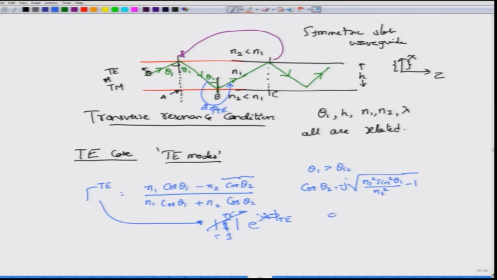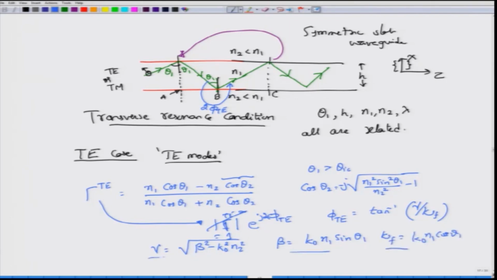I had given this as an exercise for you to find out what phi TE is, and in fact, this phi TE is given by tan inverse of gamma divided by kappa f, where gamma is equal to square root of beta square minus k0 square n2 square, beta itself is equal to k0 n1 sin theta 1, and kappa f is equal to k0 n1 cos theta 1. So, where are these beta, kappa and gamma coming from?